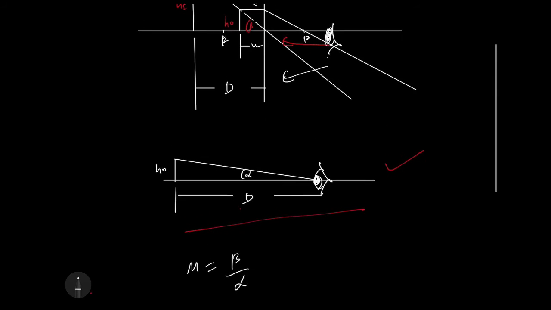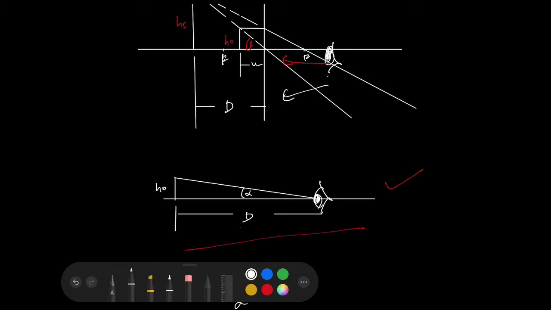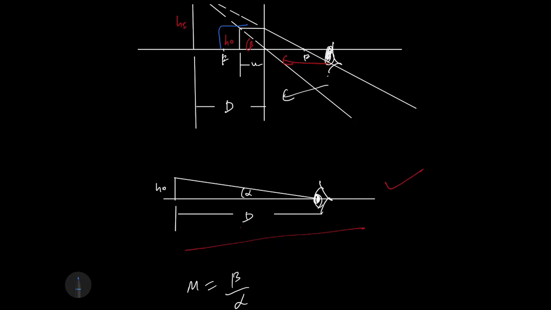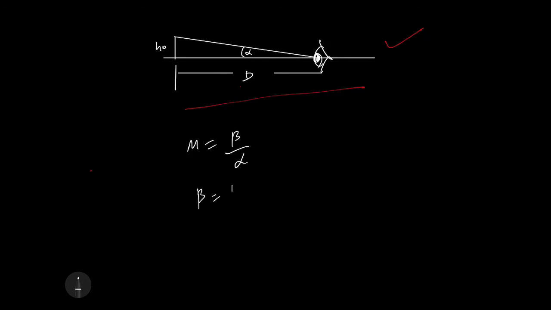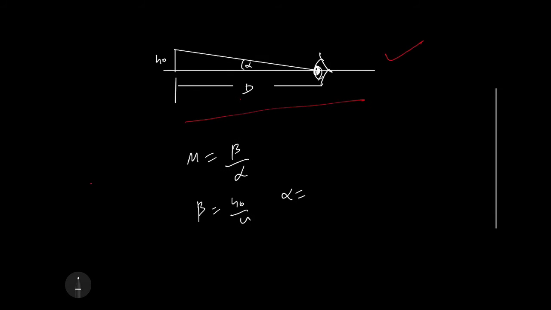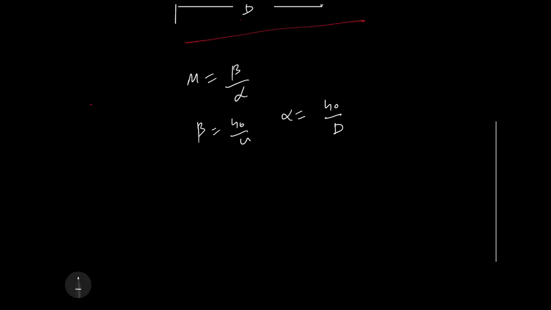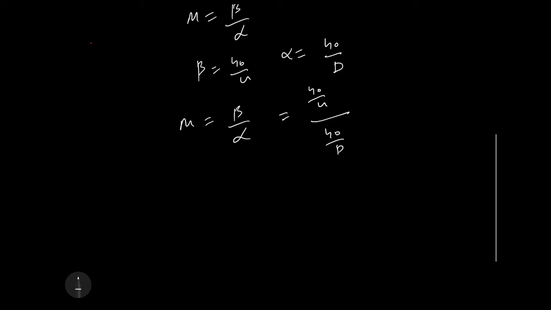If you look at this triangle, beta is HO upon u, and alpha is equal to HO upon d. So M is beta by alpha, so M will be d by u.